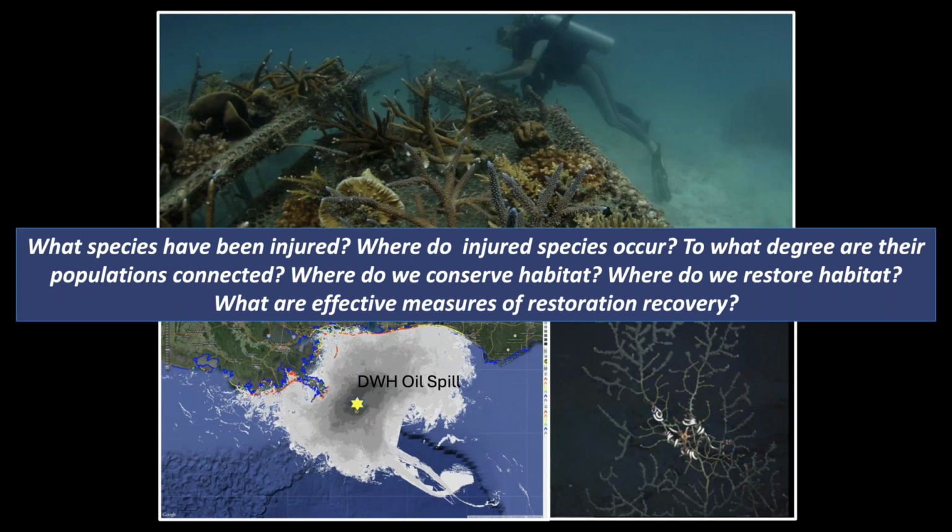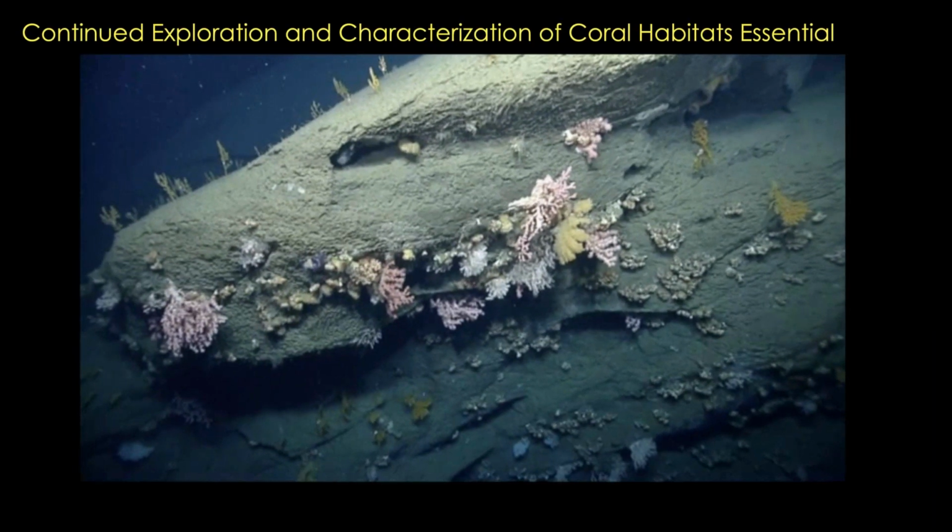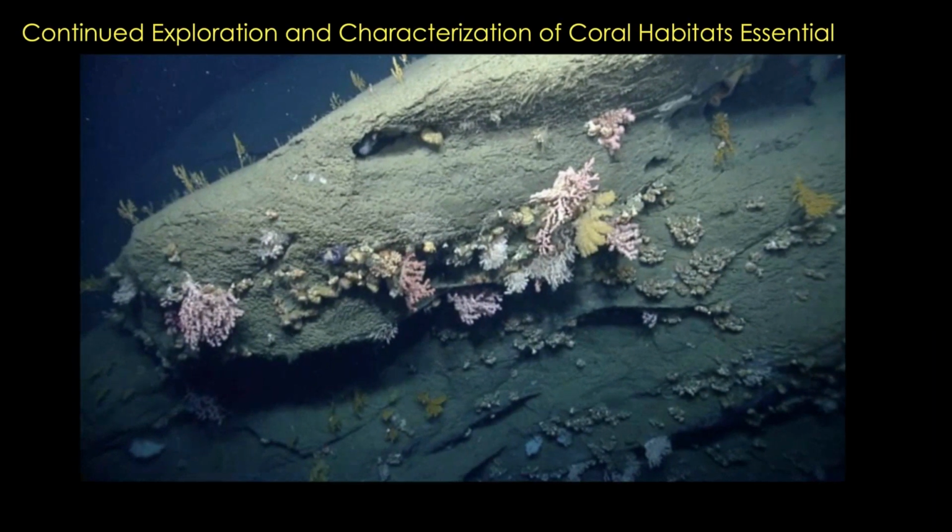I think at the core of these answers is accurate knowledge of species identities, their distributions, and their evolutionary history. And it's really a critical time to continue to rebuild the coral tree of life, not only with samples housed in our museum collections, but also with new discoveries.